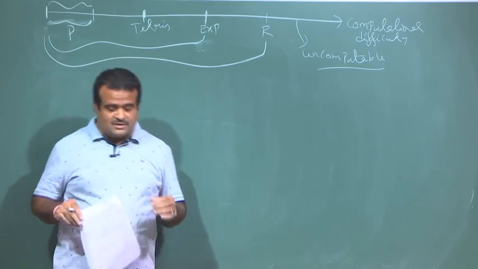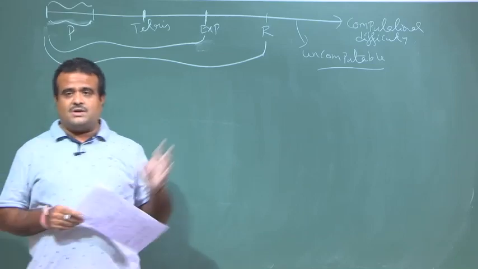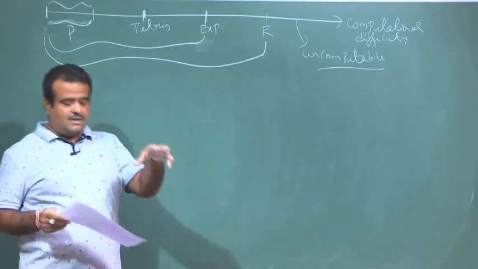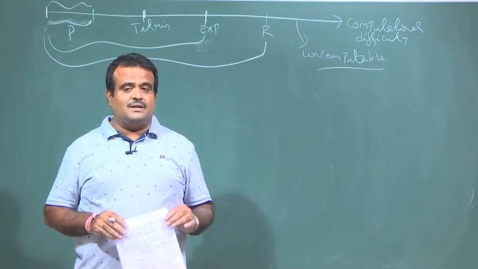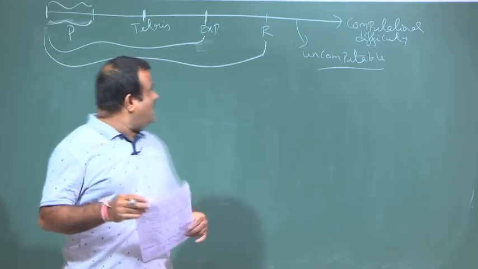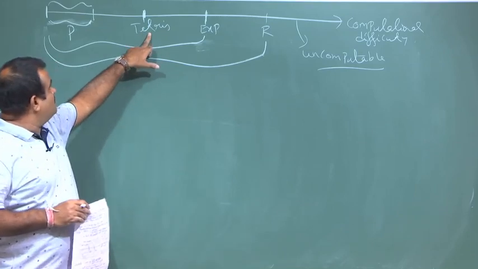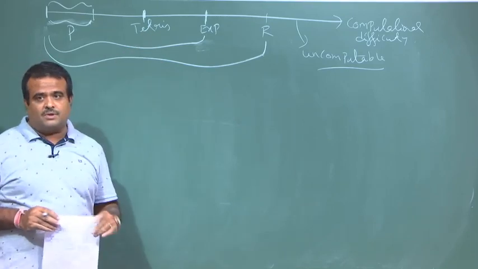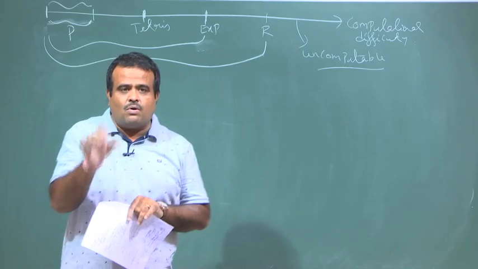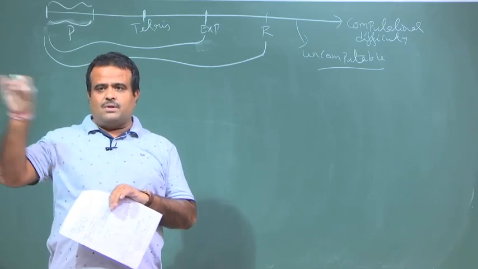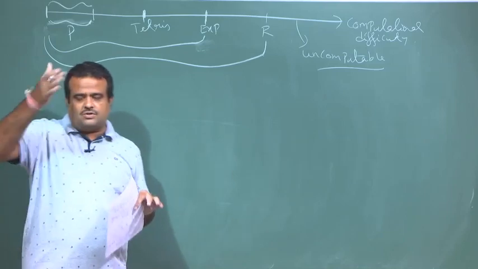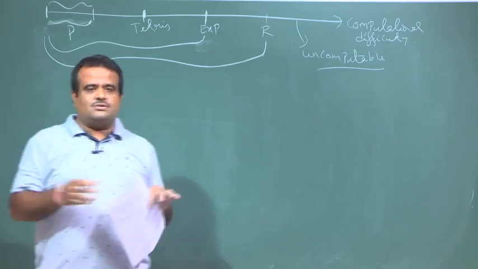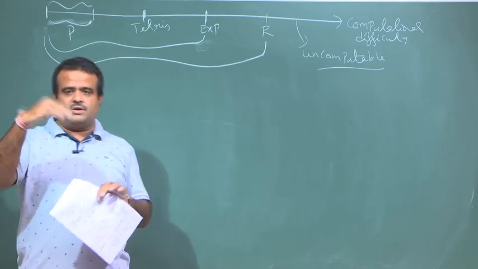This is a decision problem, the answer is yes or no, but this is in P. Then there is the Tetris problem, which is also a decision problem. Given a board and a sequence of blocks falling sequentially, the question is whether we can survive or not, whether we can move this or this.